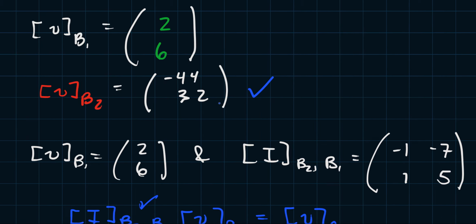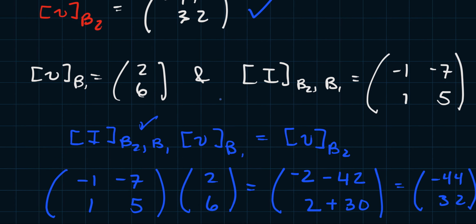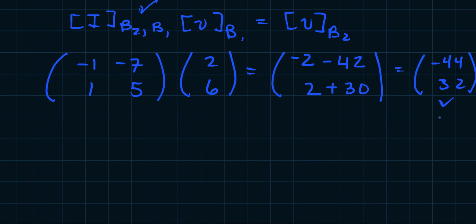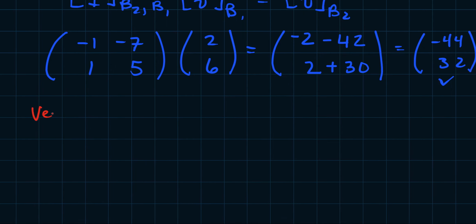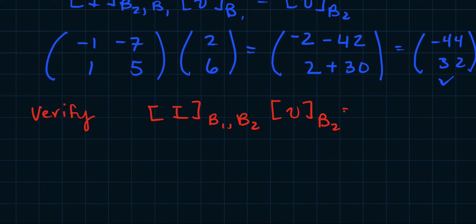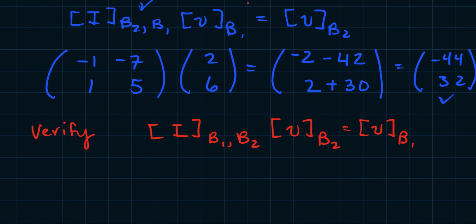You don't actually have to worry about the C1 and C2. Now you just get it by using the change of basis matrix. And let's verify that I, B1, B2 times V, B2 is equal to V, B1. Remember, these cross out and give us what we want, just like this one.